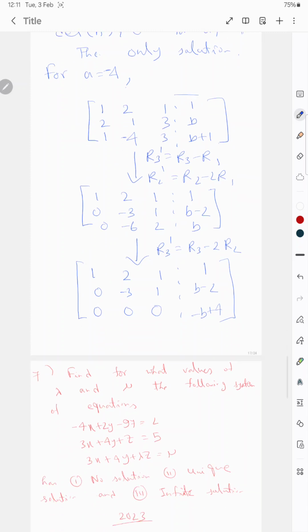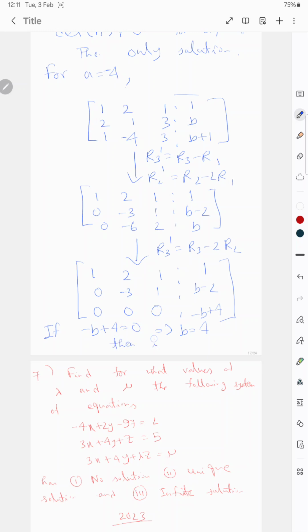So what do you expect from here? If this element is 0, then you have infinite solution, but if this is not equal to 0, then no solution, right? So basically from there, if minus b plus 4 is 0, then b equal to 4, right?